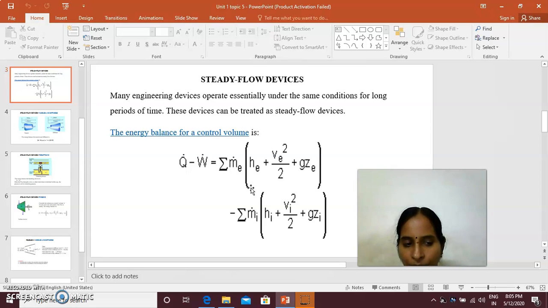Especially you can have problems on various thermodynamic processes and solutions for change in internal energy, enthalpy, work transfer, and heat transfer for various processes, and their derivations of equations. You can have questions from it.